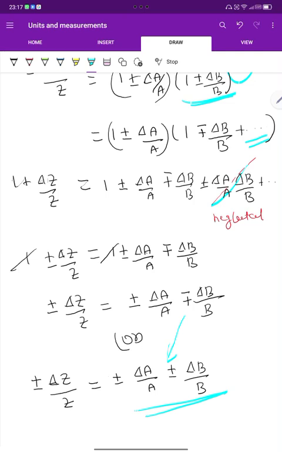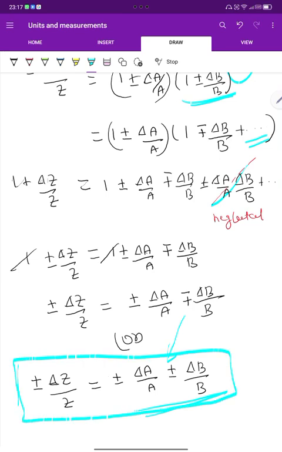So minus or plus doesn't matter. That's why we are writing it this way. So the error propagating in the division of two quantities is the same as in the multiplication of two quantities. That's all. Thank you.